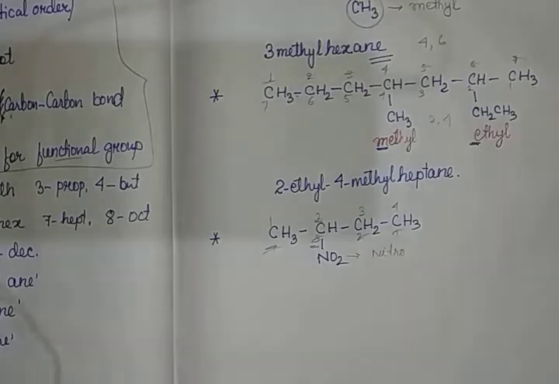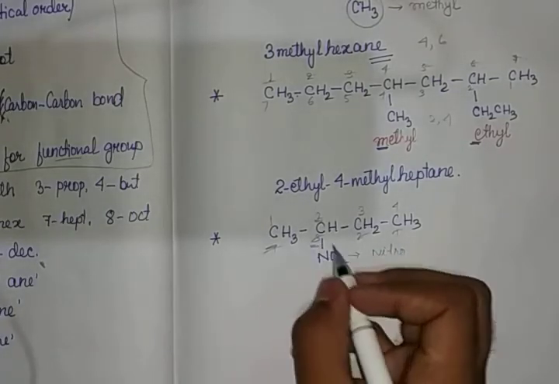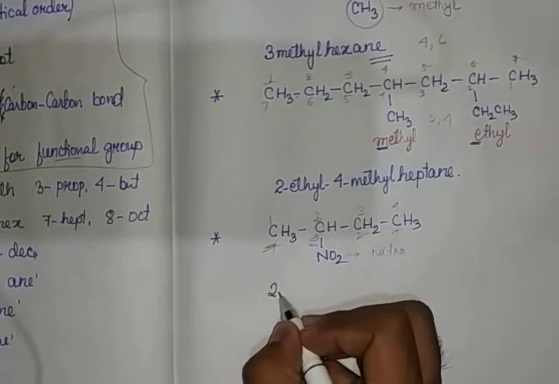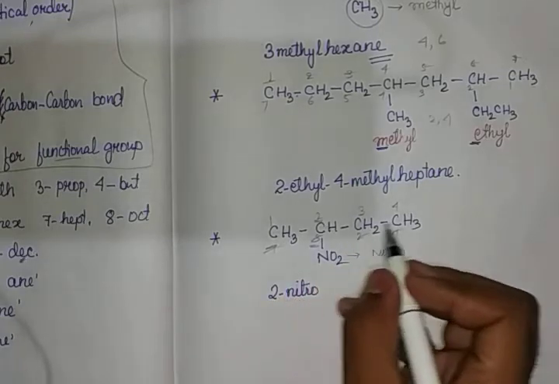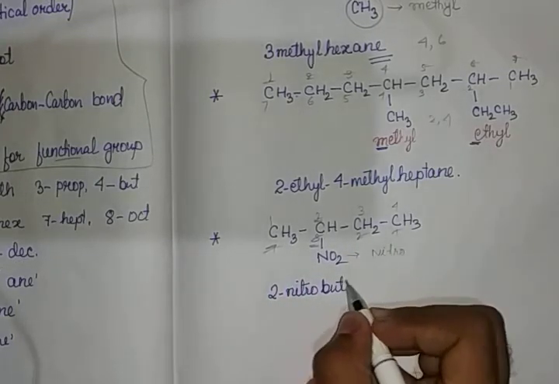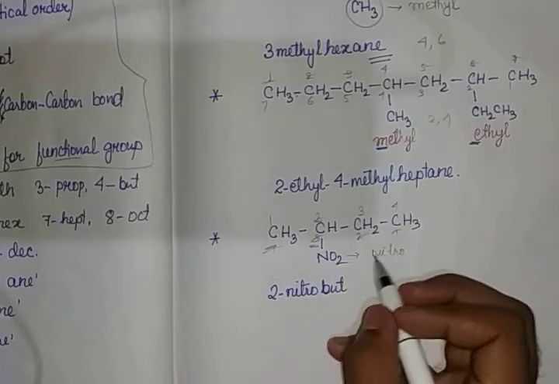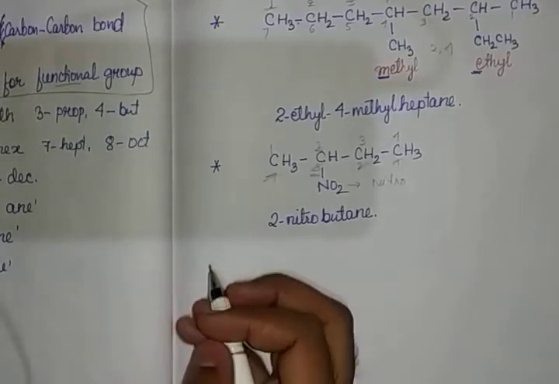So here, nitro group is present at the second carbon. So the name will be 2-nitro. Then after that, number of carbons, 4. 2-nitro-but. All the bonds are single bonds. So it will be 2-nitrobutane. This will be the name.